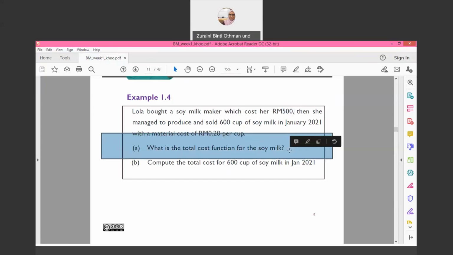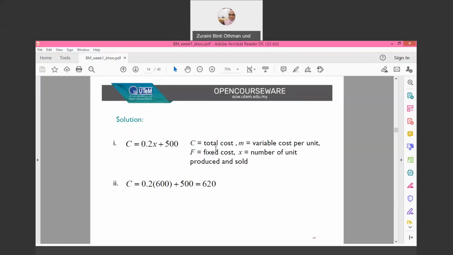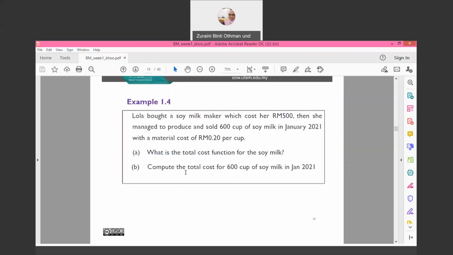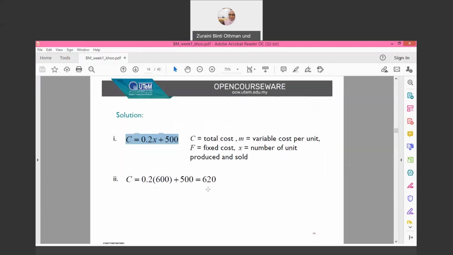So macam just now the per month yang macam car tu kan. Okay, so here this is the formula which is the total cost. Then compute the total cost for 600 cup. When we want to find the 600, so here 600 is our X. Okay, so times, then we get the C is 620 for total cost.